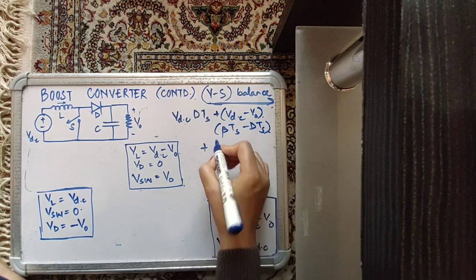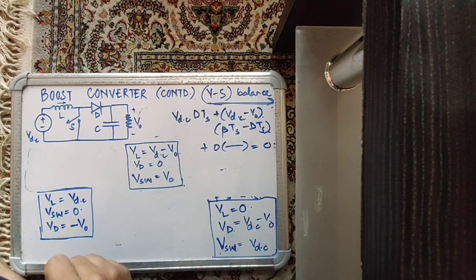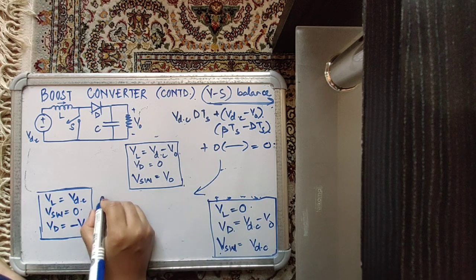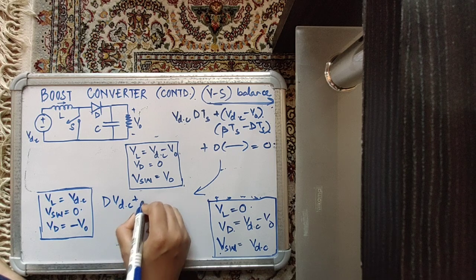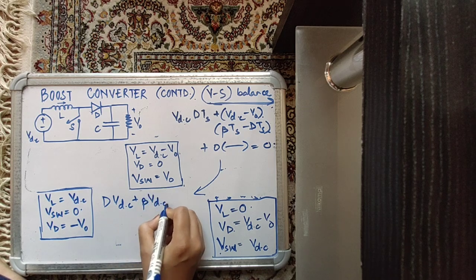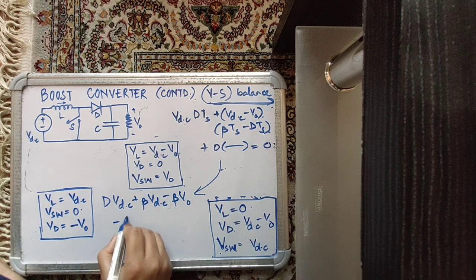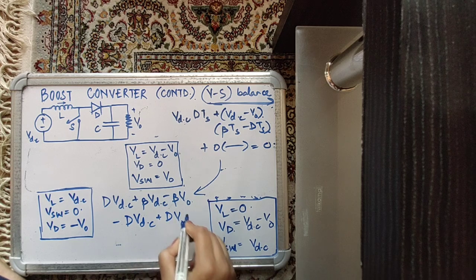And in the last interval it is 0, so you can simply equate all of this to 0. If we solve further, we have D VDC plus beta times VDC minus beta times V0 minus D times VDC plus D times V0 is equal to 0.